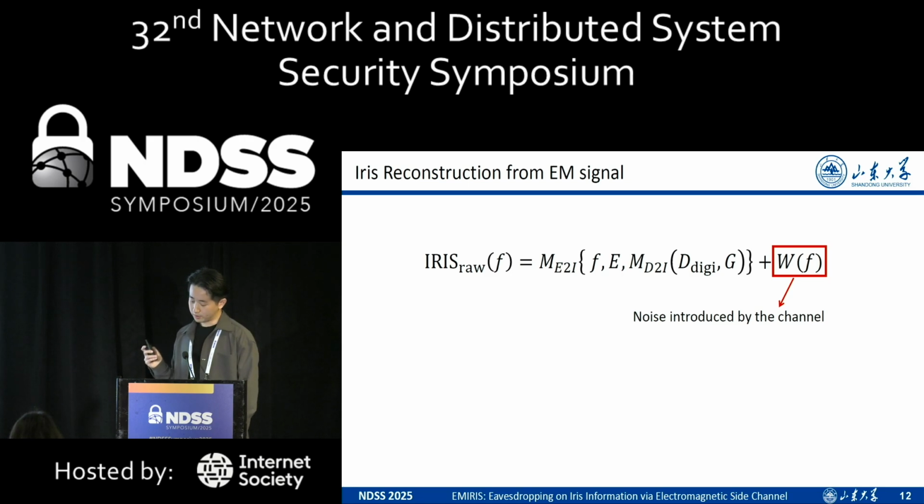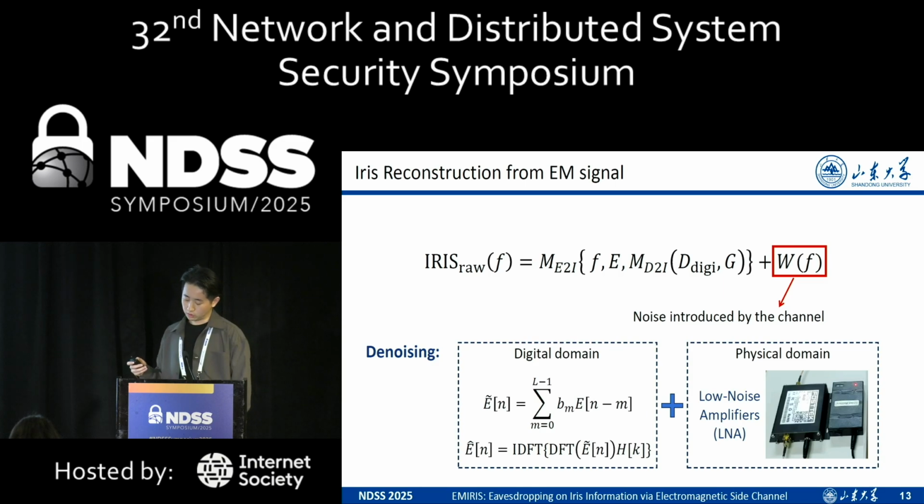First, to obtain a better iris image, we reduce noise in the EM signals. In the equation shown here, WF denotes the noise captured by the channel and other external factors. We optimize signals in two ways. In the digital domain, we enhance signal quality by using single carrier frequency domain equalization.